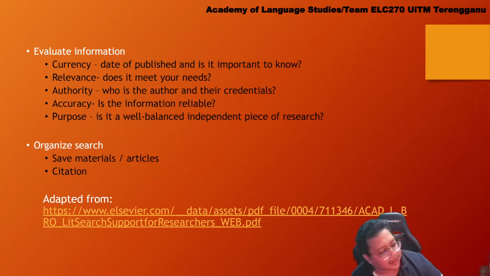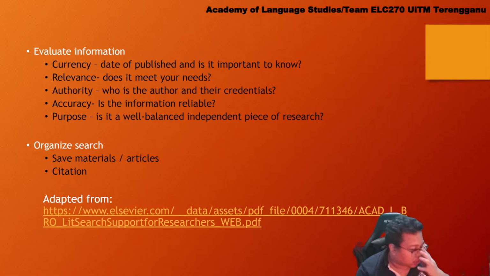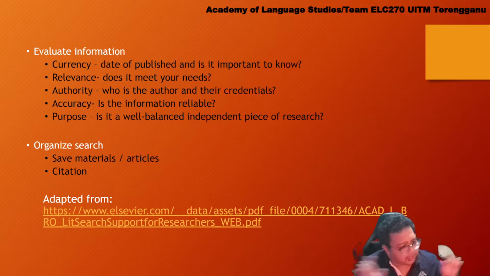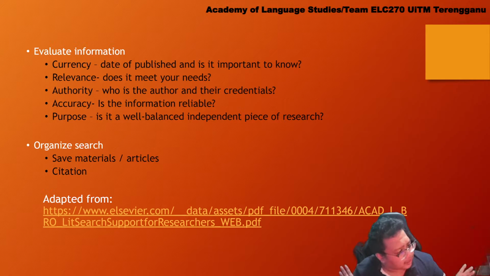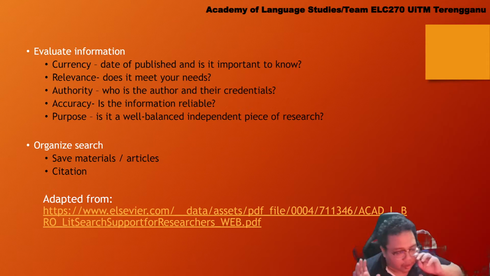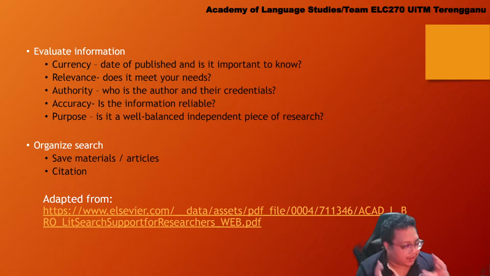Put them in a folder on your desktop or laptop, for example named assessment 3. That way you will be sure that the materials you have saved, which you know are current, relevant, authoritative, and accurate, and whose purpose is related to what you want, are in that folder.